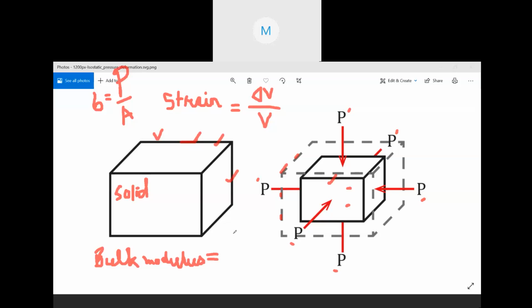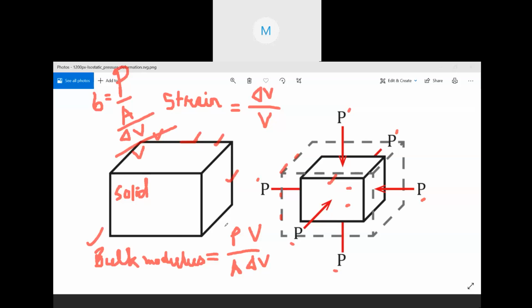Can anyone tell me? It will be P by A divided by del V by V. Right? This is the formula for bulk modulus.